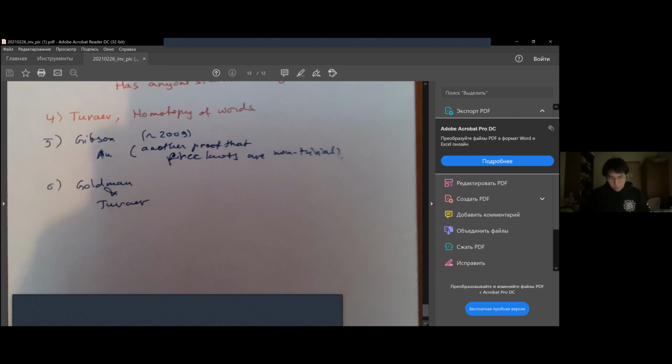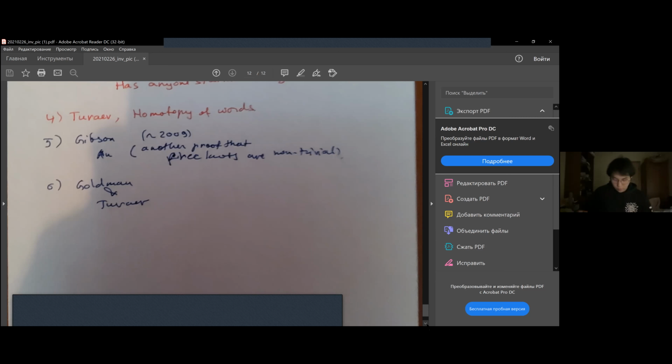Your main theorem, the projection can be constructed by, roughly speaking, deleting odd crossings. Yes, right, roughly speaking.